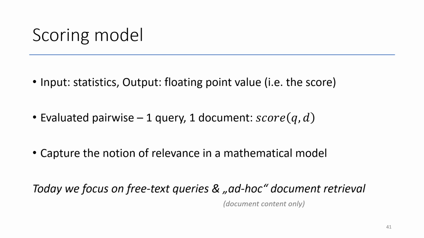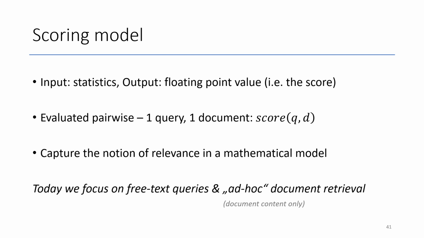And we evaluate this model in a pairwise fashion. So one query and one document are scored at a time. If we want to score 1,000 documents, we have to call this scoring model 1,000 times. It tries to capture the notion of relevance in a mathematical model.